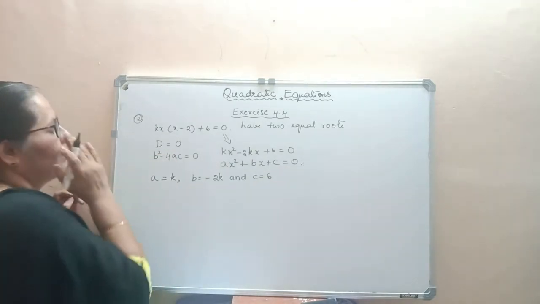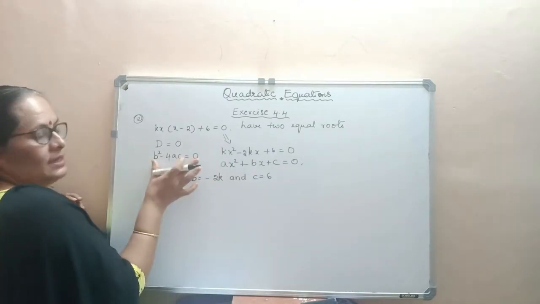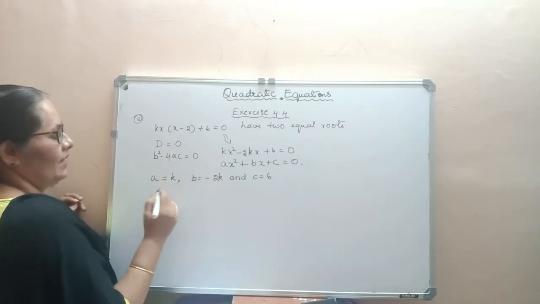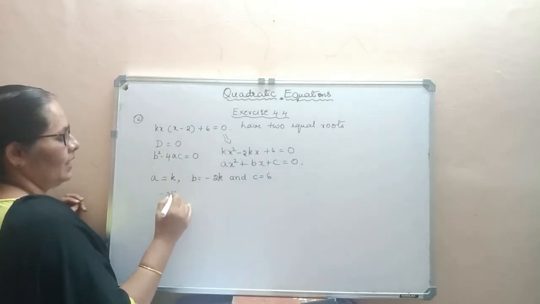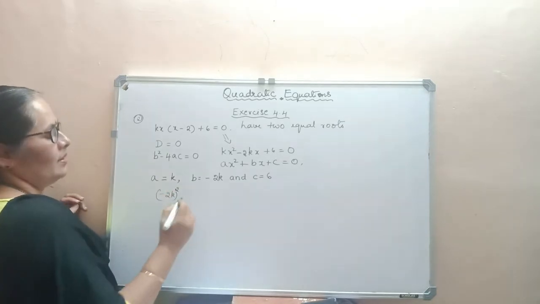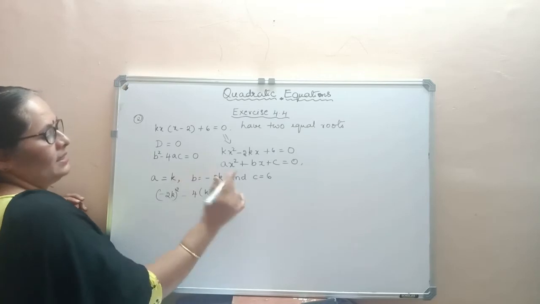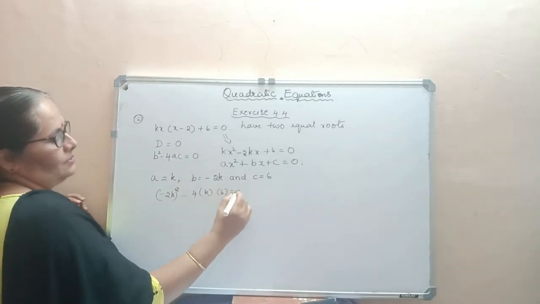Now substitute these values in this condition, b square minus 4ac. b square, that is (−2k) whole square, minus 4 times a, which is k, times c, which is 6, equals 0.